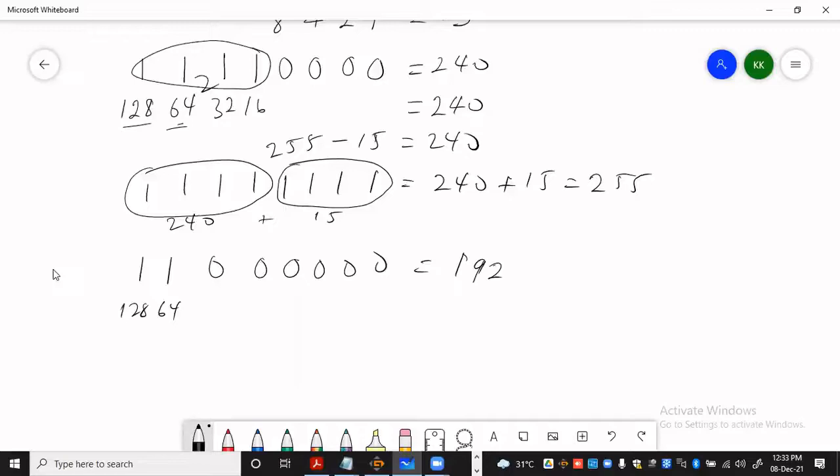That means you still don't understand this whole concept. Aren't you going to add the 128 plus the 64? That's what I did, and I got the 192. 128 plus 64, what is that? It's 192.